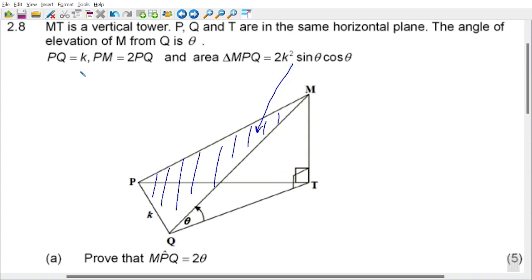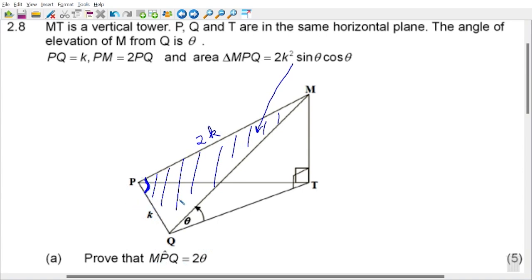We also know that PQ is k, and we know that PM is twice as big as PQ, so in fact PM is 2k. Then it says prove that MPQ is 2 theta. This angle over here, that it's 2 theta.